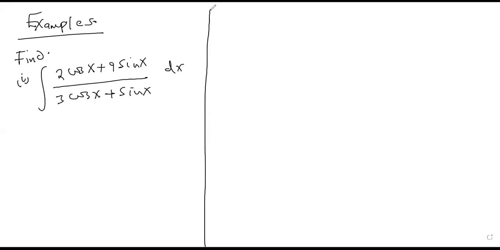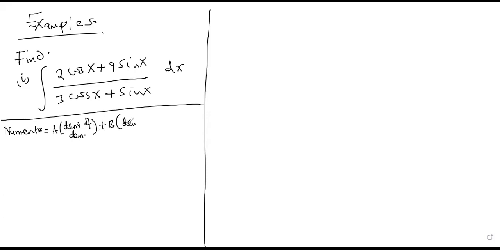Now here, apply the logic that you got. We said that if it is in this form, we split as numerator is equal to A times the derivative of the denominator plus B times the denominator. So our numerator is 2 cos x plus 9 sin x.